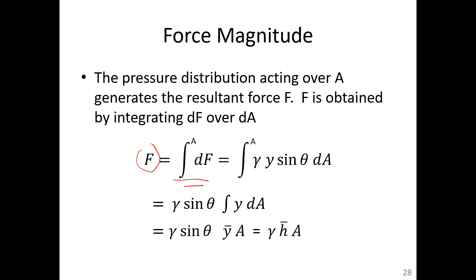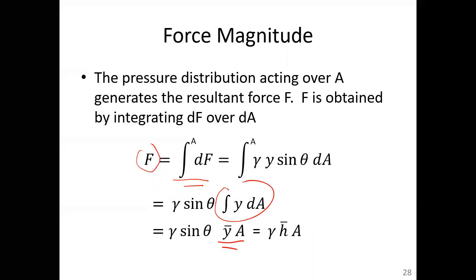So right now, we know the integral of y dA, from what we just discussed, is y bar A. Any y dimension is measured along the y-axis that starts at the free surface. So y bar in this case is measured from the free surface down to the center of area of your submerged gate. Got it?